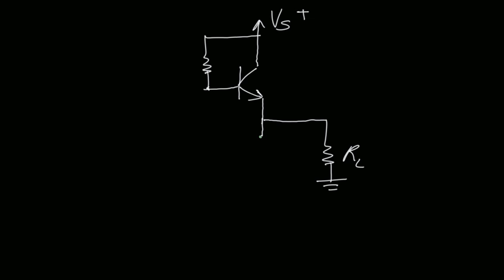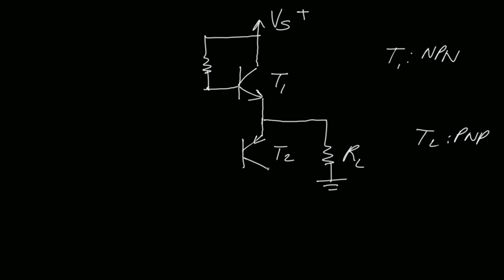And then I have here a PNP transistor. I'm sorry, this should not be here. This one is the emitter. So the first transistor, I'm going to call T1. T1 is an NPN. And then T2 is a PNP.